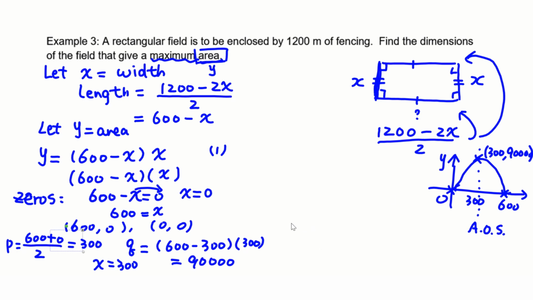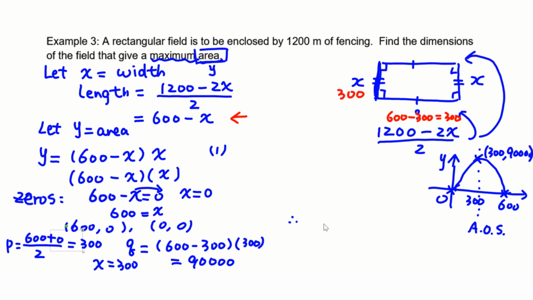So we are going to write a statement. The dimension of one side is 300. The other side is 600 take away 300, which will give you 300. So the length is 600 minus 300.